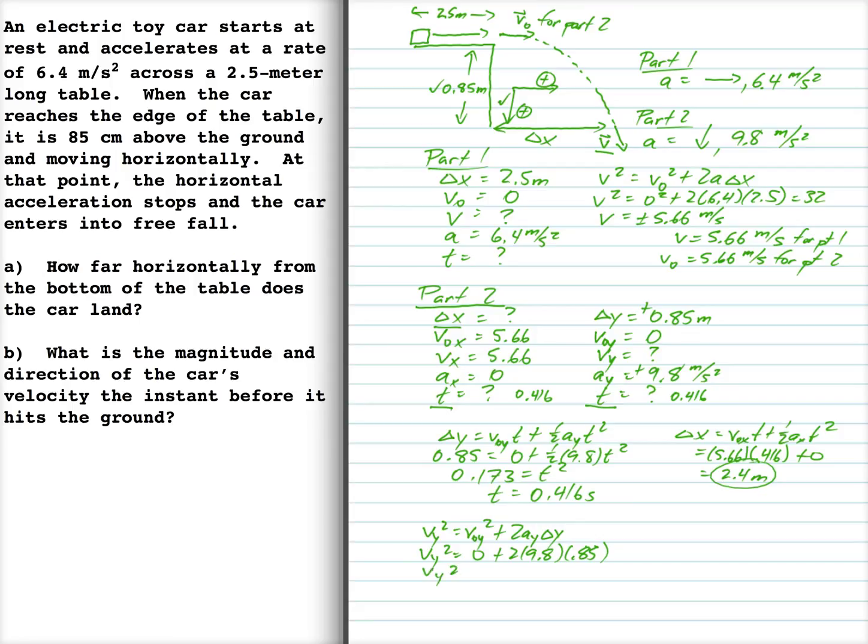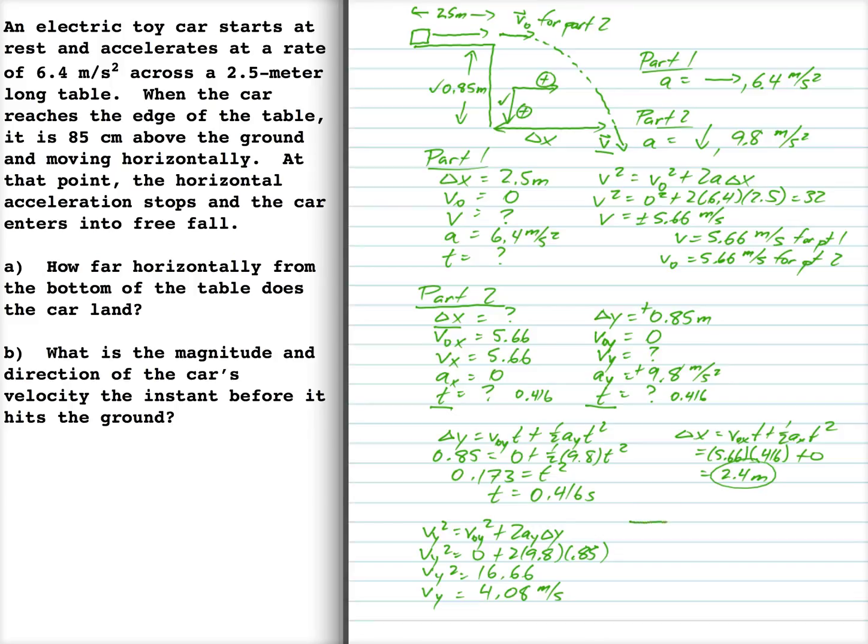Alright, that gives me Vy squared, which Vy is plus or minus 4.08 meters per second. And again, I'll take the positive value because it's moving down, and I've defined down to be positive in my problem.